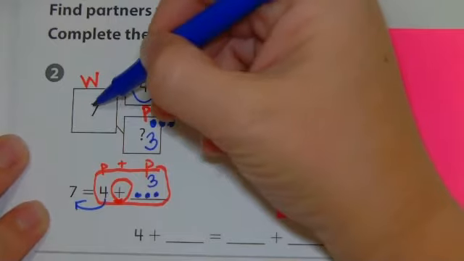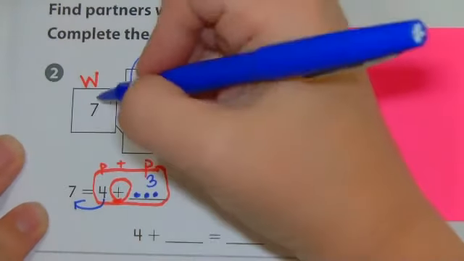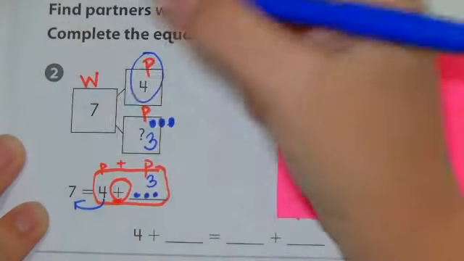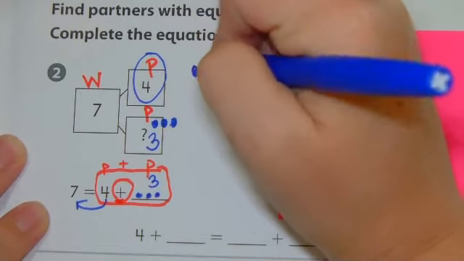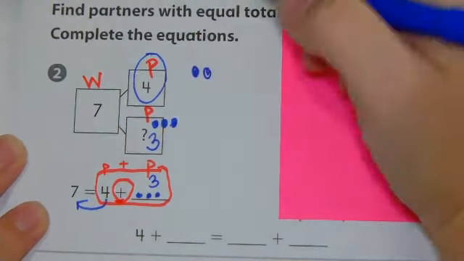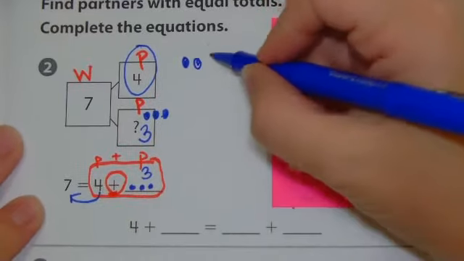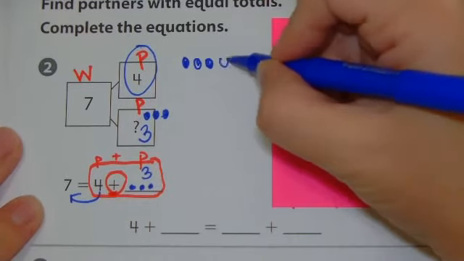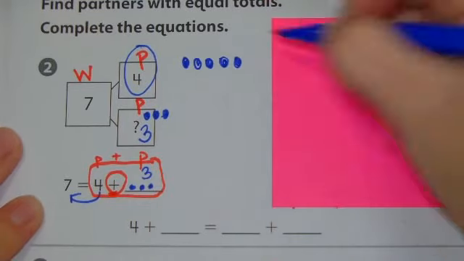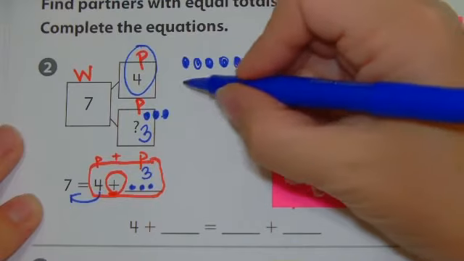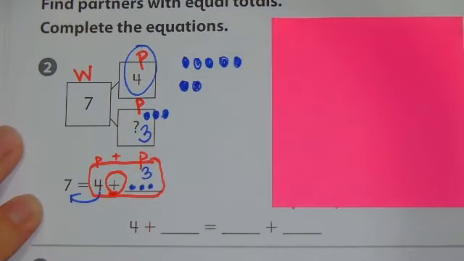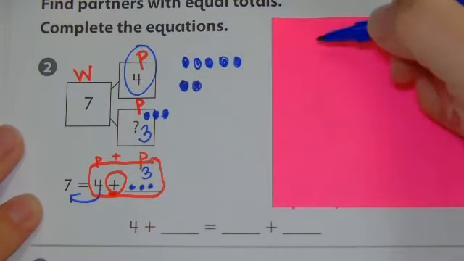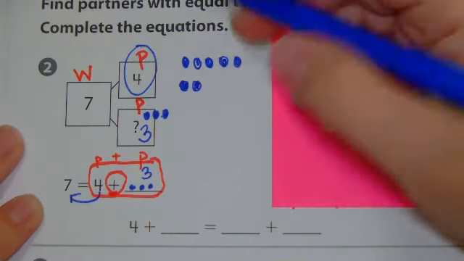Okay? Now we can also prove this by drawing 7 dots. If we already know our whole, we can draw 7. 1, 2. Remember, every time I'm drawing, you're drawing, right? 3, 4, 5, new line, 6, 7. Remember, I always line up my dots, right?